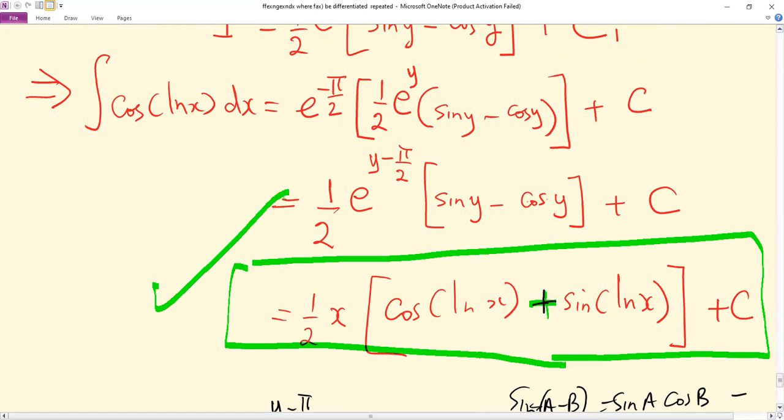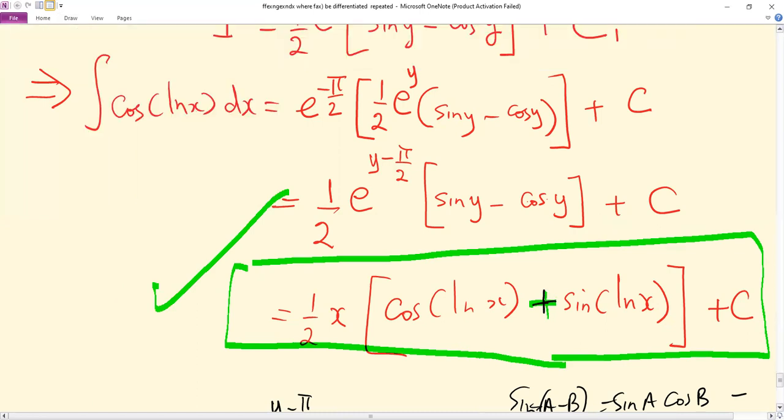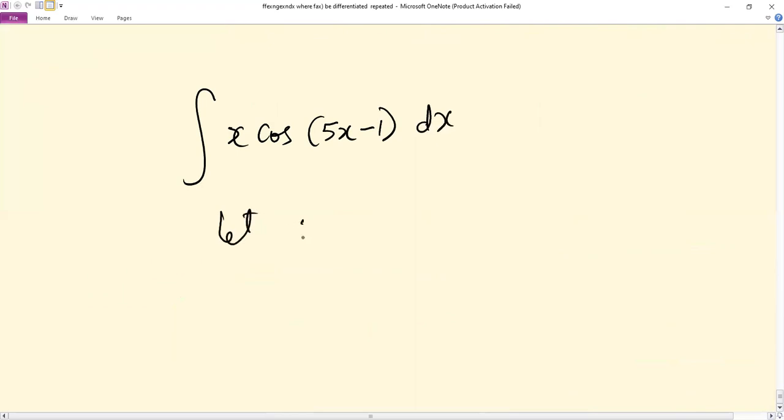And finally, the second part, we have the integral of x cos of 5x minus 1 dx. So we let u to be x and v to be cosine of 5x minus 1 dx.